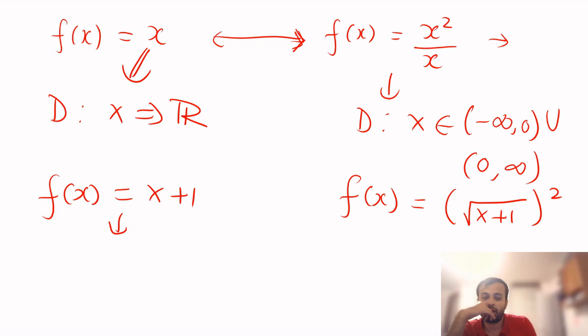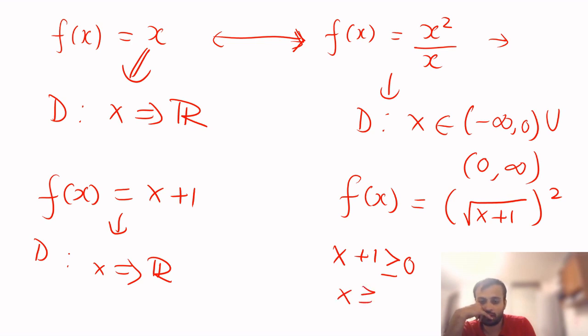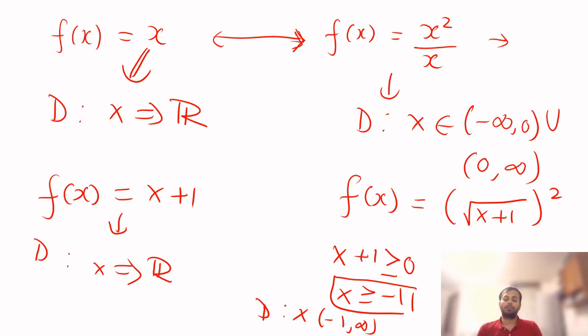If you try to calculate the domain for this, you'll get that x belongs to the real numbers for the simplified form, but here x plus 1 needs to be greater than or equal to 0, so x needs to be greater than or equal to minus 1. So here the domain would be basically from minus 1 to infinity. Although you can see that it's a similar expression, the domain is different.